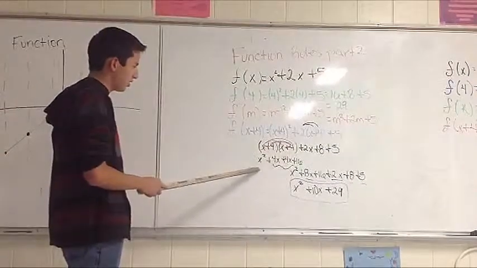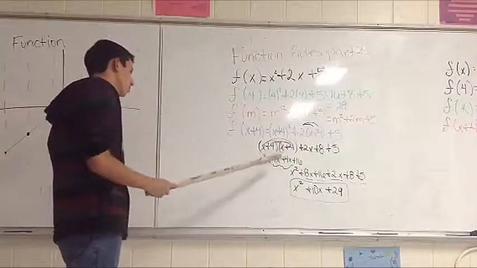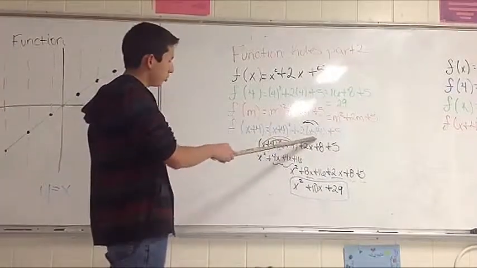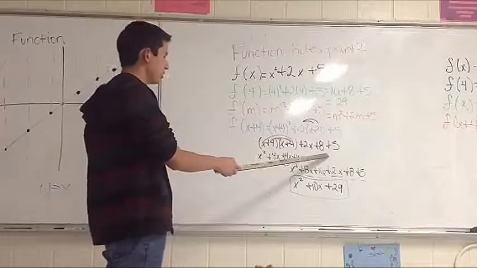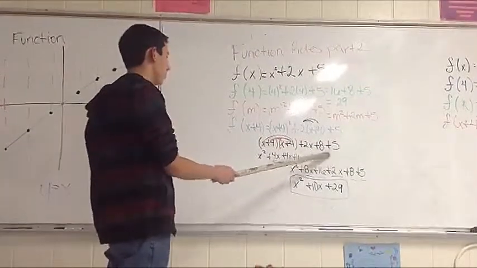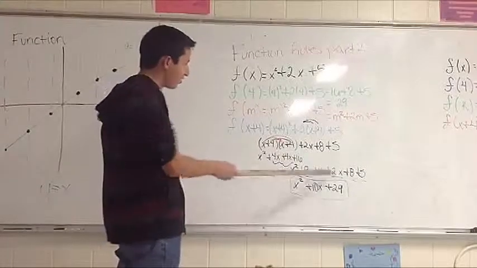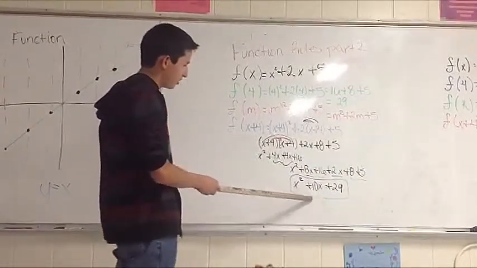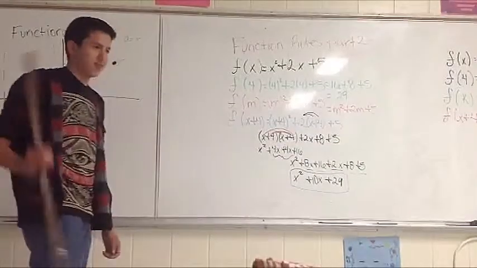When we FOIL it, it gives us x squared plus 8x plus 16. And then we distribute the 2 to the x plus 4, which is 2x plus 8. And we just give the plus 5. And then after that, we combine like terms, which gives us the answer of x squared plus 10x plus 29.